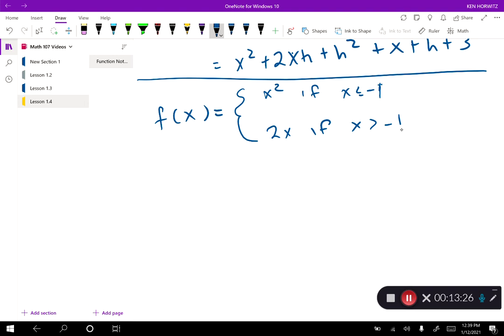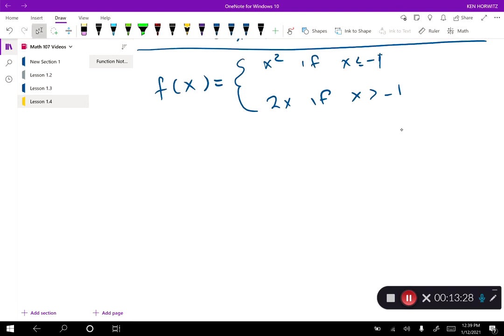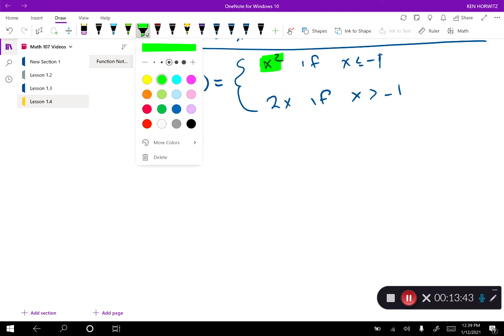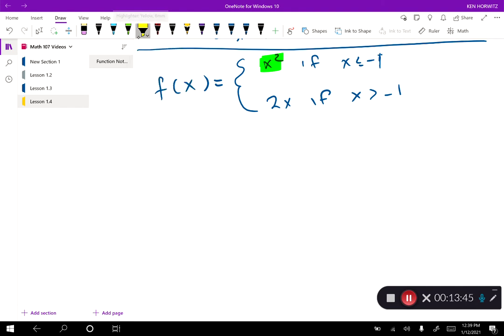So here's what I'm going to ask you to do. Basically what the piecewise function means is that all these numbers are in our domain, but if the number is less than -1, we've got to use this rule, and if the number is greater than -1, like if it's 5 or 12 or something like that, you've got to use this rule.